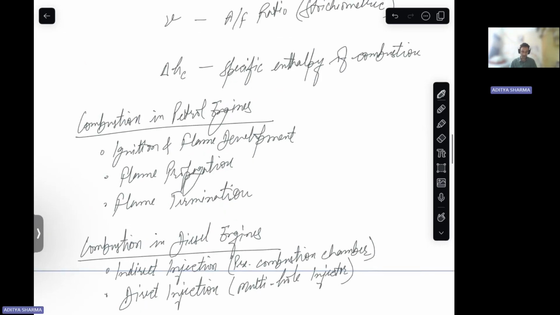I had mentioned that the maximum burning of the fuel takes place in your flame propagation, the second bullet point.